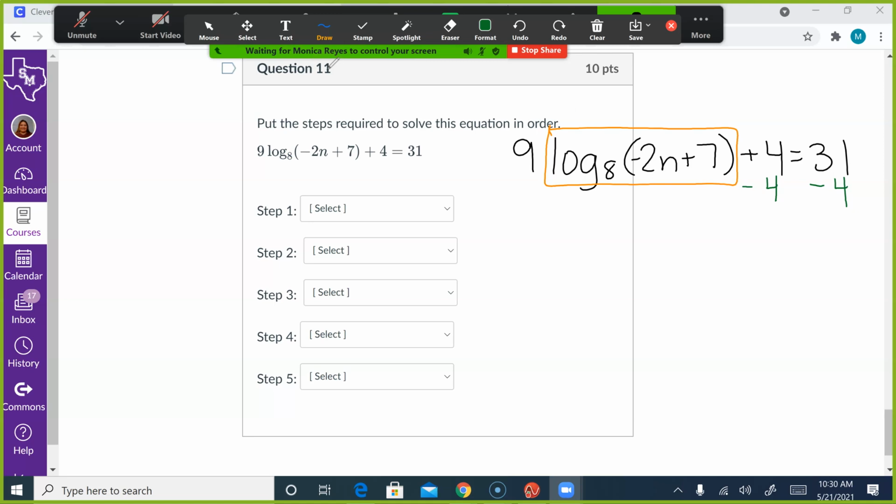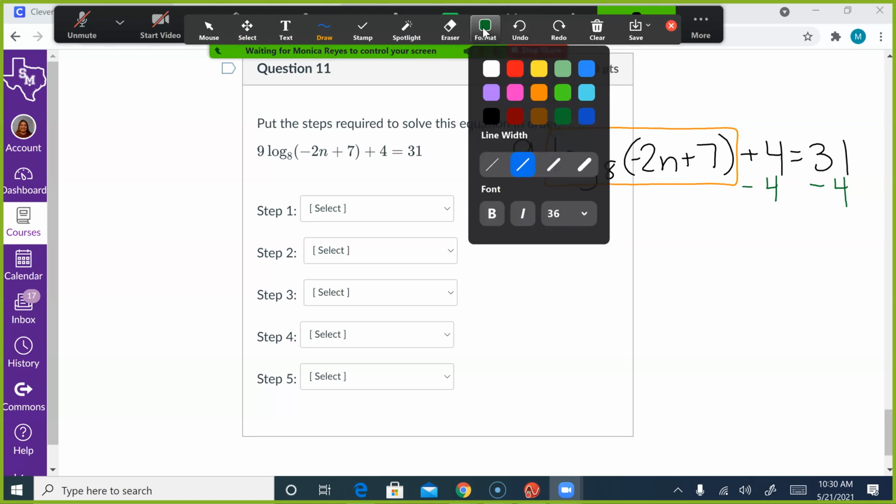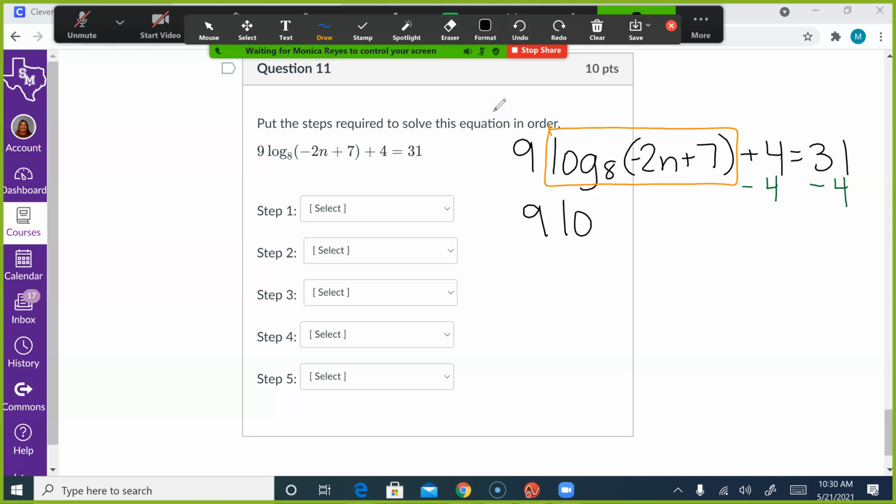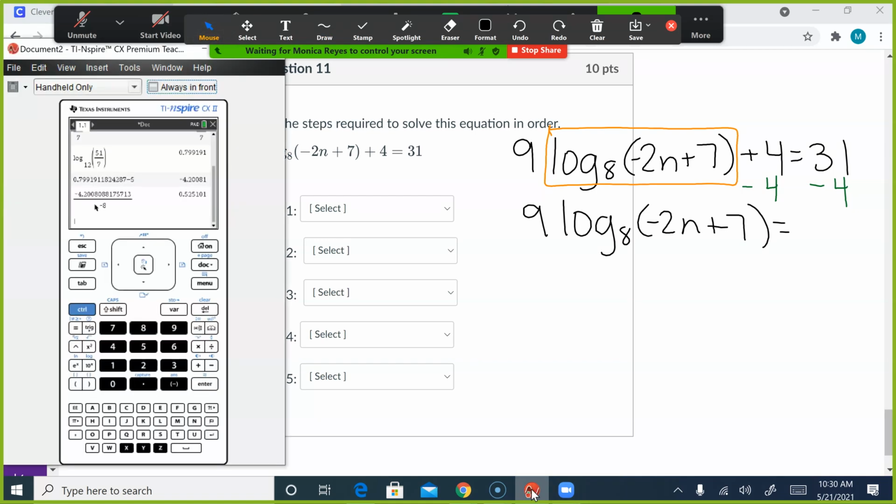So we're going to get 9 log base 8 of negative 2n plus 7 equals, and, I mean, you can use a calculator for these. It's not going to be as important going this way, but you're still going to be doing some adding and subtracting. So it might be nice to have the calculator.